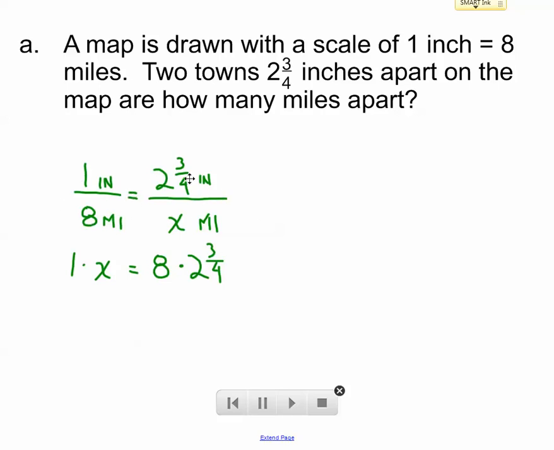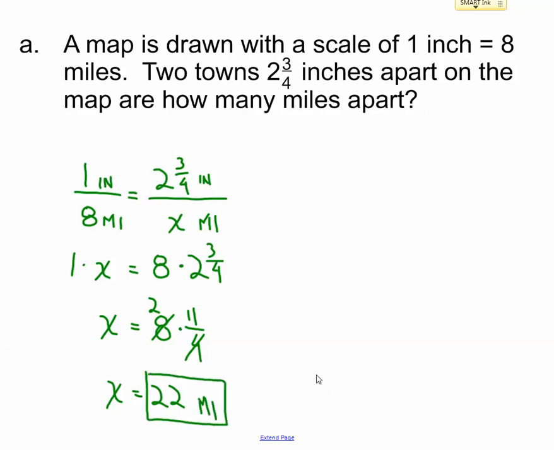So 1 times x equals 8 times 2 3/4. 1 times x we know is x, and I'm going to multiply 8 by 2 3/4 by turning 2 3/4 into an improper fraction, and then doing some simplifying and then multiplying. So two towns that are 2 3/4 inches apart on the map are 22 miles apart in real life.